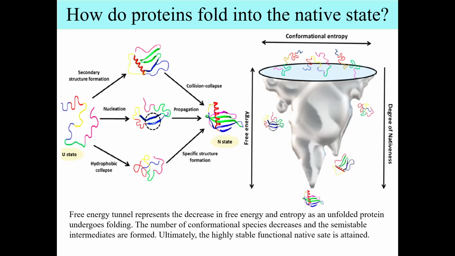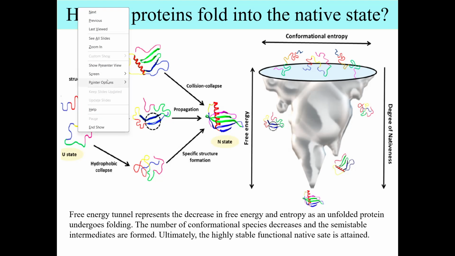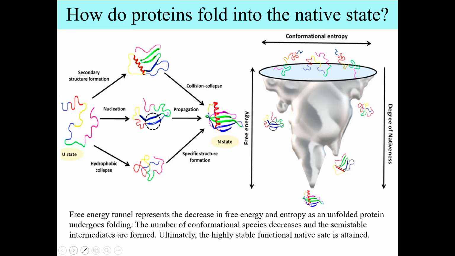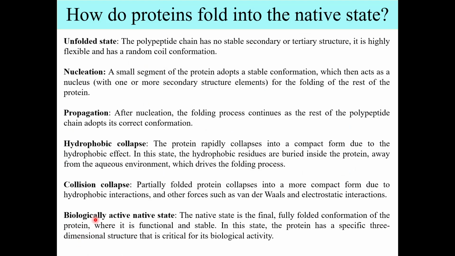The unfolded state was U in this picture. This is the unfolded state. Okay. So, in the unfolded state, the polypeptide has no stable secondary or tertiary structure. It is highly flexible and has a random coil conformation.